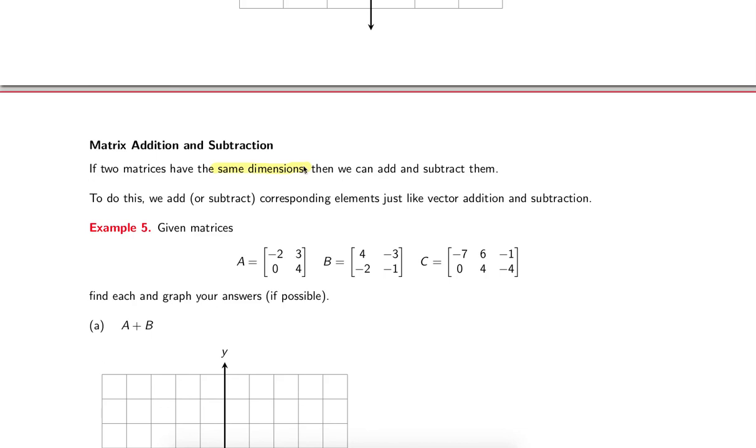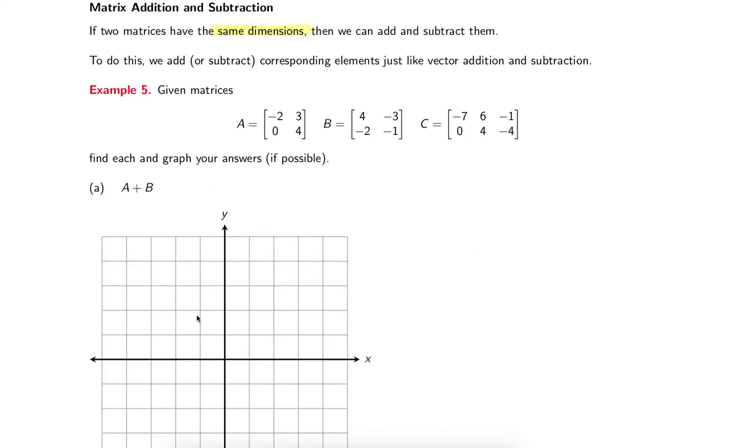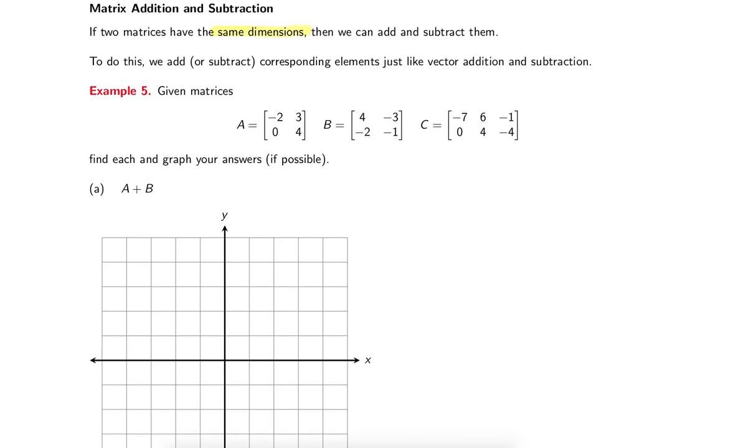And much like with vector addition and subtraction, to add or subtract matrices, we're just going to add or subtract the corresponding elements. So here we have matrices A, B, and C, and we're going to start with matrix A plus matrix B. Well, first let's check to make sure that we can add them in the first place.